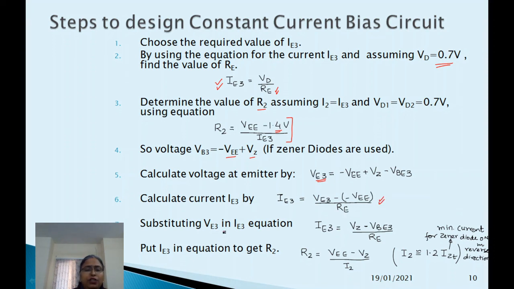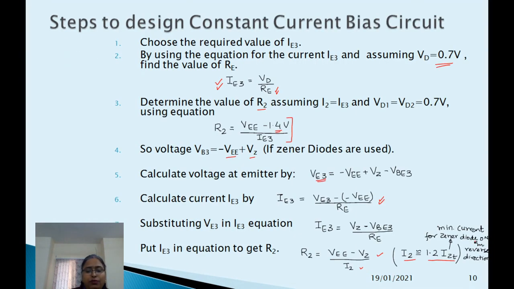Now substituting VE3 in the IE3 equation, IE3 is equal to VZ minus VBE3 divided by RE. And then putting IE3 in the equation to get R2, R2 is equal to VEE minus VZ divided by I2. Now I2 is approximately equal to 1.2 times IZT, where IZT is the minimum current needed to make the Zener diode conduct in the reverse direction.